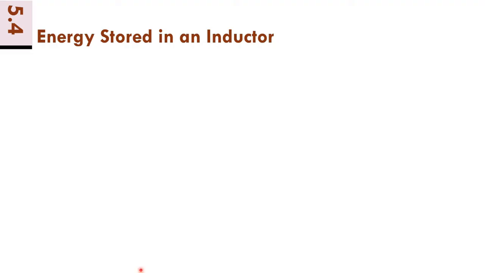As we have learned before, power is equal to voltage or potential difference times current. So power equals IV or VI. In this topic, voltage or potential difference is referred to as back EMF. Therefore, we can write I times back EMF.